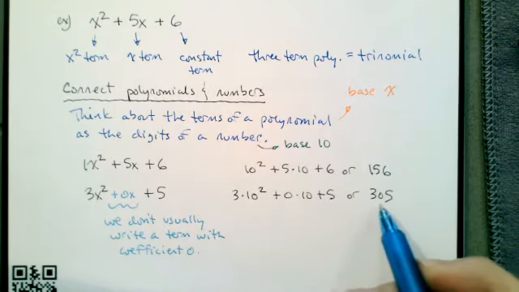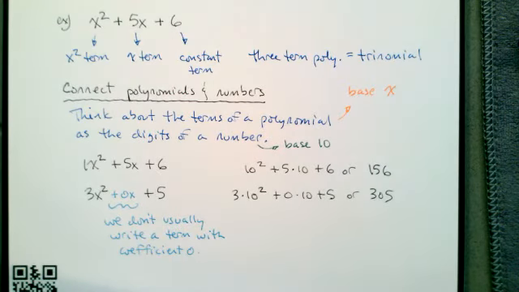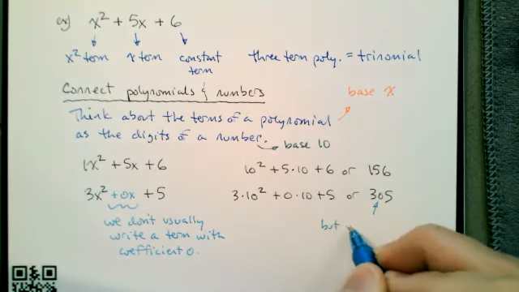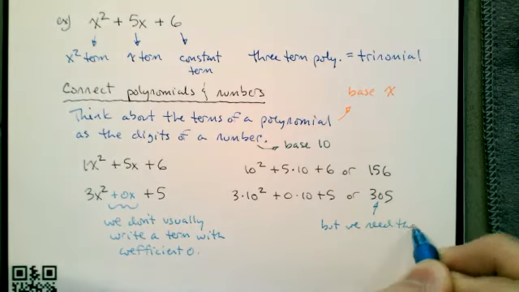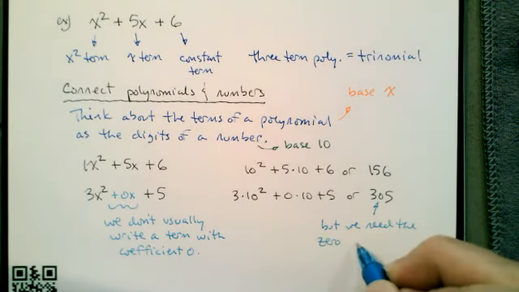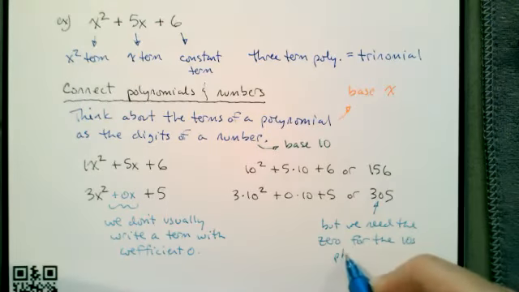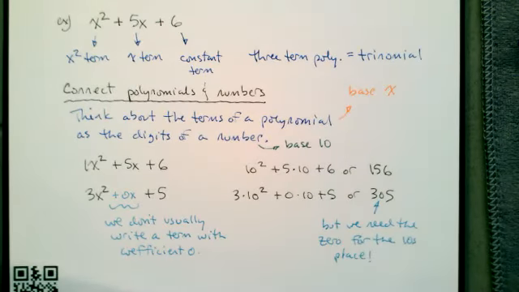But we need that 0 in the number 305 to say that we have 0 10s. When we're writing numbers, we need that 0. With polynomials, we're separating the terms with pluses and minuses, but with regular old numbers, we need that 0 to hold the place of the tens, to make sure that we recognize the 3 as the hundreds and the 5 as the ones.